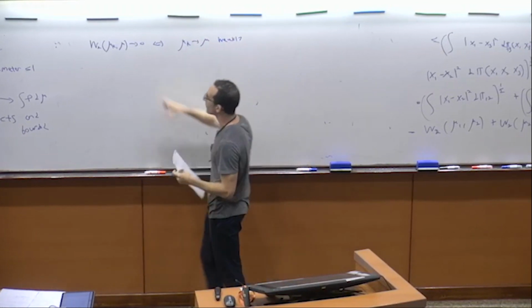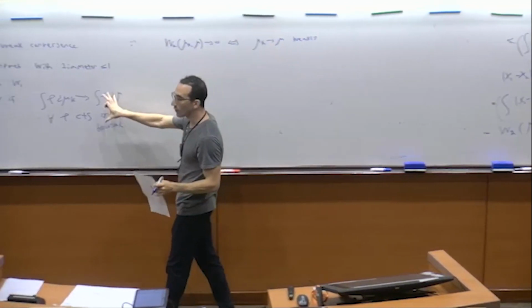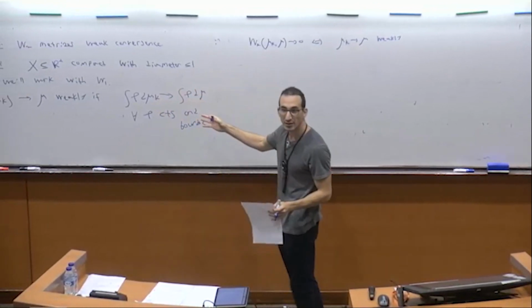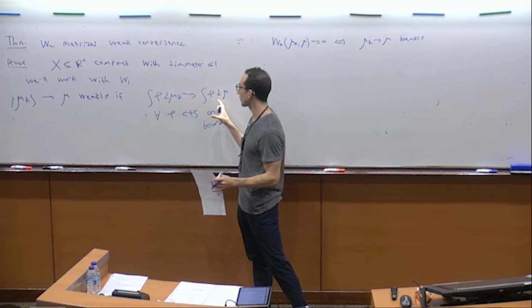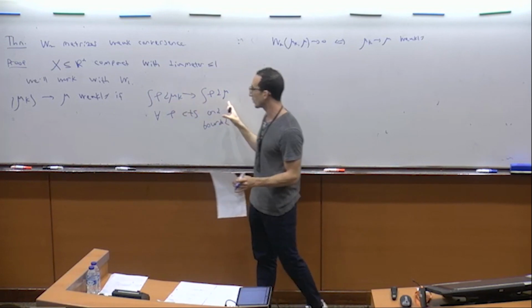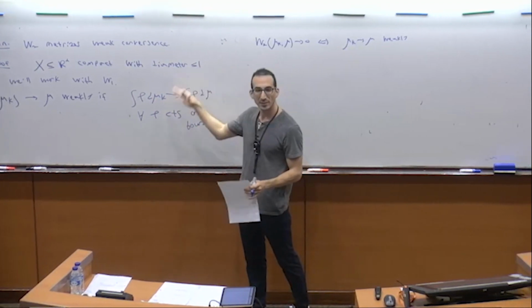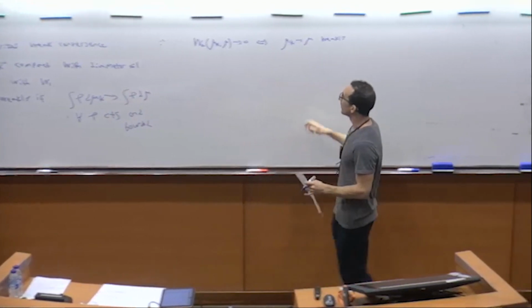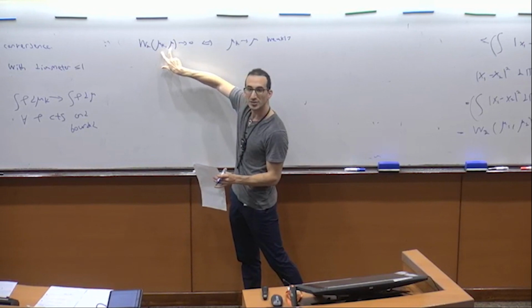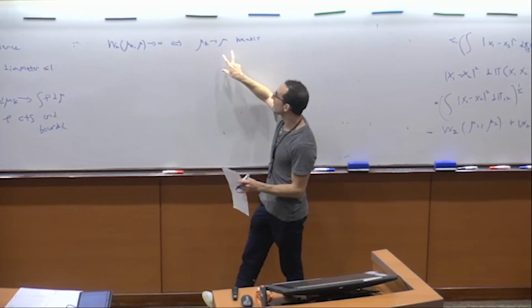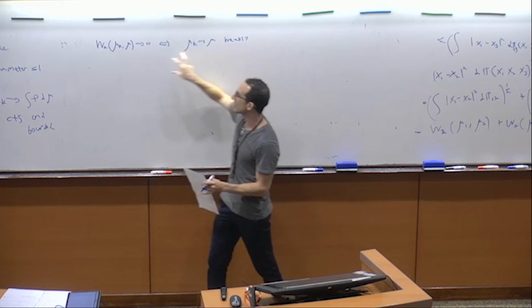And why do we call it metrizes? Because the notion of weak convergence has nothing to do with any metric. When you just look at the definition, what does it mean for a sequence to converge to a measure weakly? It doesn't say anything about any metric. But here, as we proved, this is a metric between two probability measures, and we're showing that this convergence is the same as that convergence.